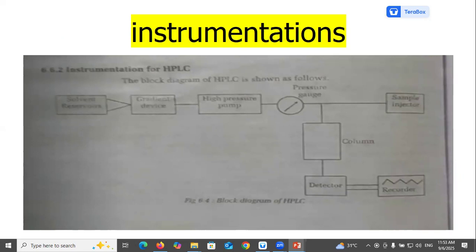Instrumentation for HPLC. The block diagram of the HPLC is shown as below.